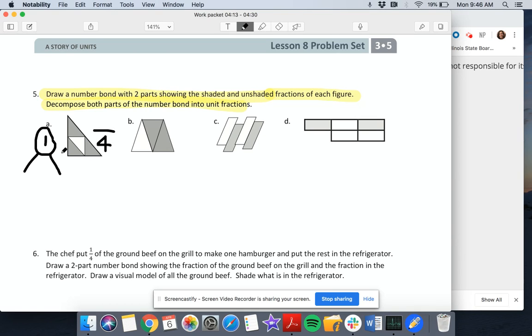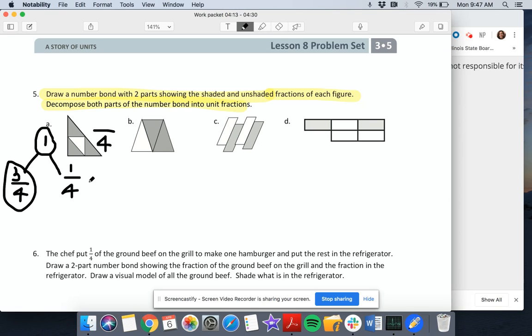So I know my denominator, my number in the bottom, should be 4. How many of those triangles are colored in or are shaded? 1, 2, 3. And then how many are not shaded or unshaded? Just 1.